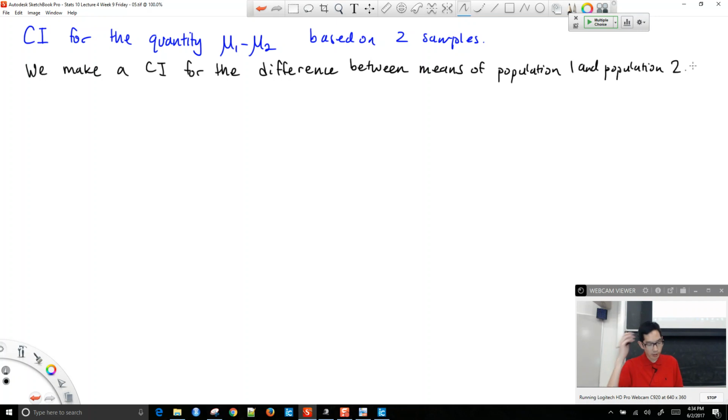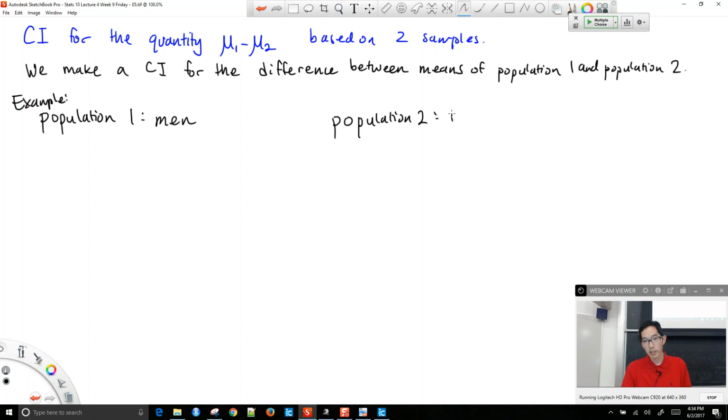All right, and so, just to get us going conceptually, let's say, for example, this is an example. Let's say population 1 is men, okay? Just people, self-identified men. And then over here, population 2, women, okay?